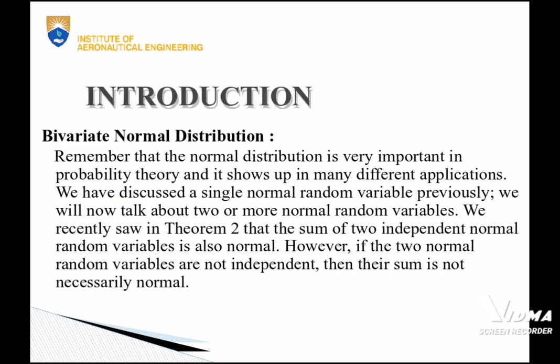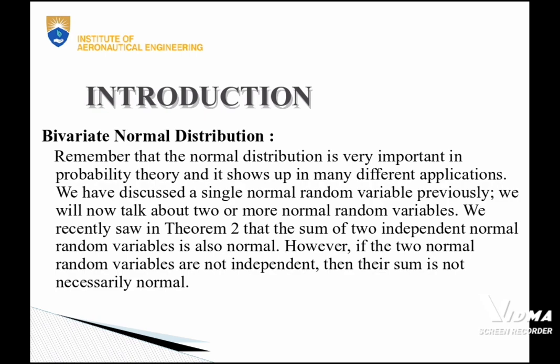Introduction. Bivariate normal distribution. Remember that the normal distribution is very important in probability theory, and it shows up in many different applications. We have discussed single normal random variables previously. We will now talk about two or more normal random variables.